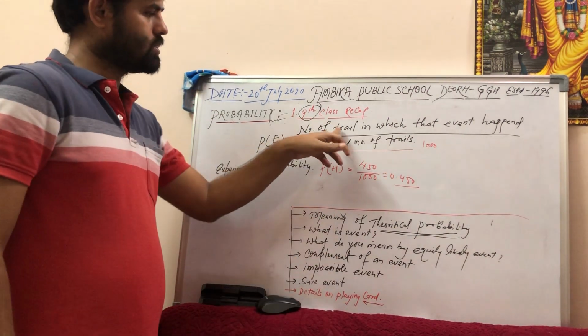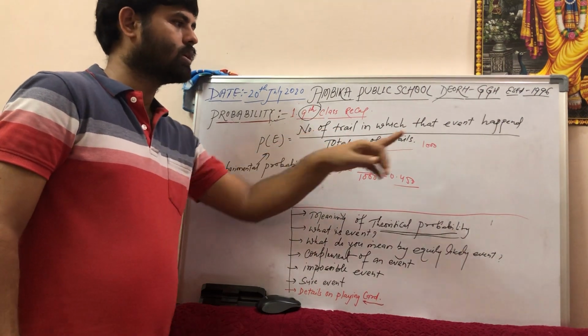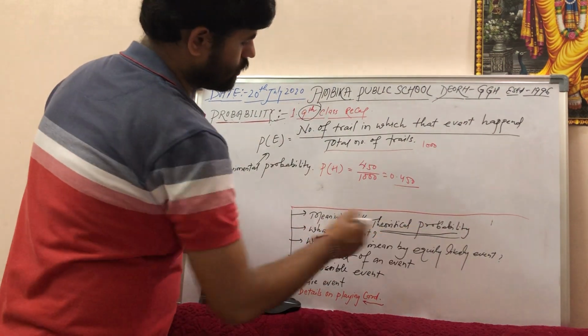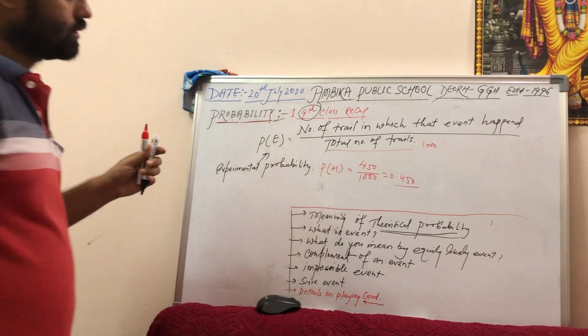So you can see that in the experimental probability, it is a trial which has happened during some event. But if you talk about the theoretical probability, you can write it like this.